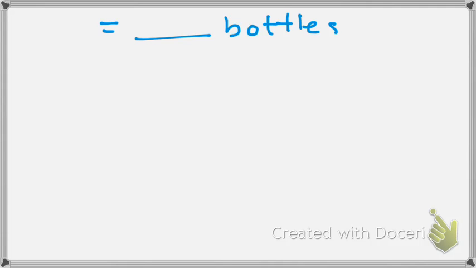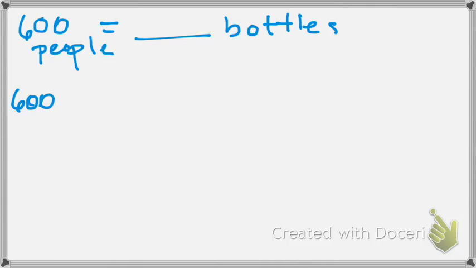So really, what it comes down to is the 600 people that I'm having to serve. I cannot spell people today. Oh well, it happens. So, the 600 people that I'm having to feed. So, I'm going to start out with 600 people over 1, which means diagonally I've got people.